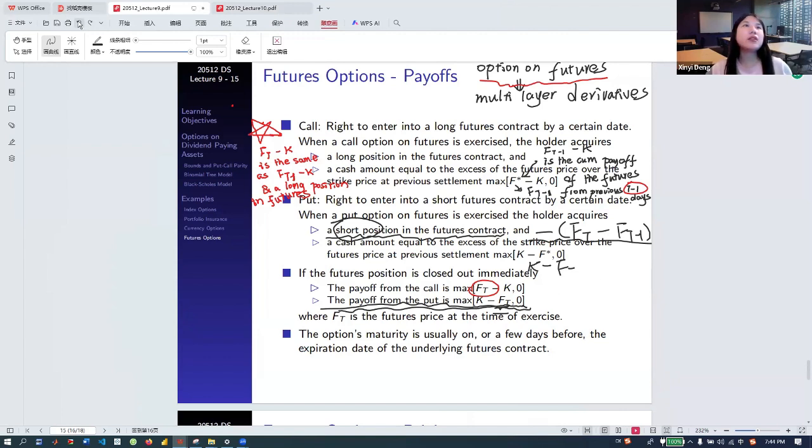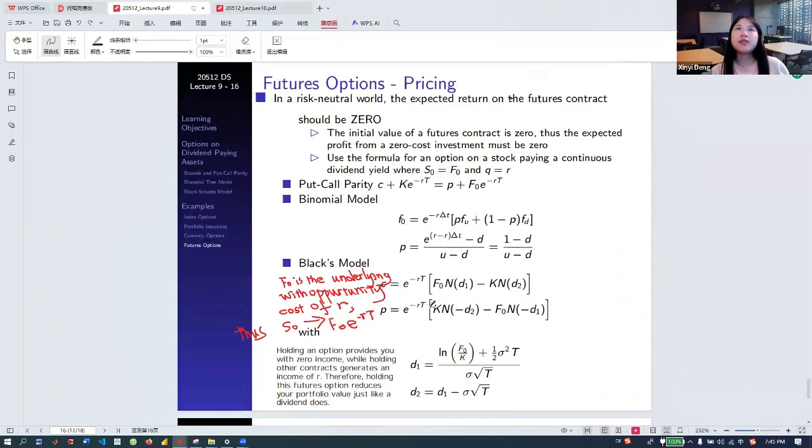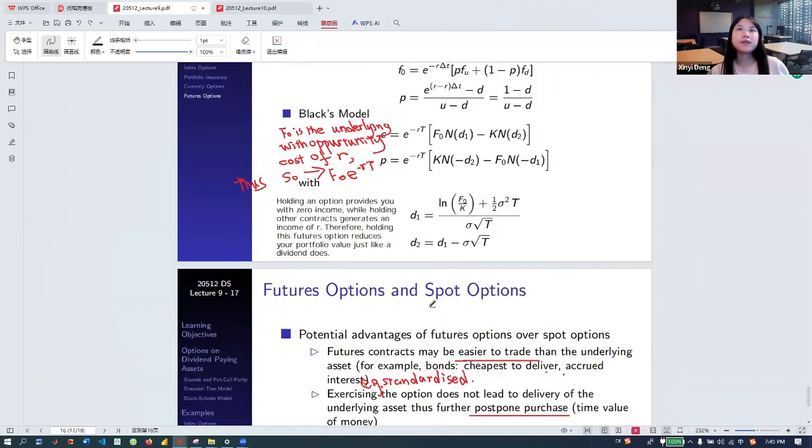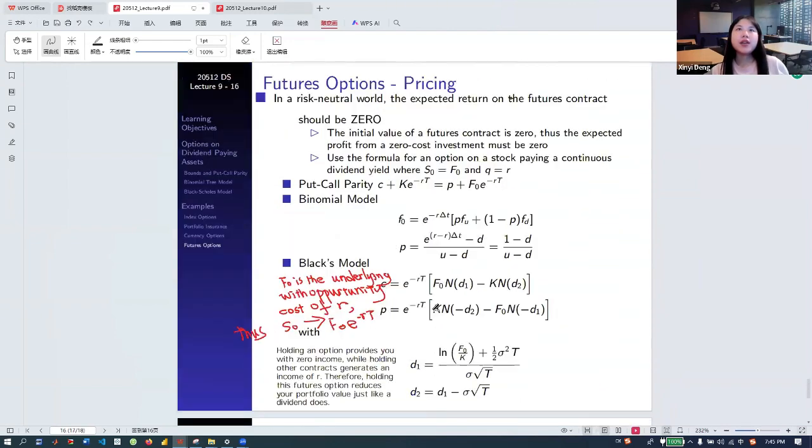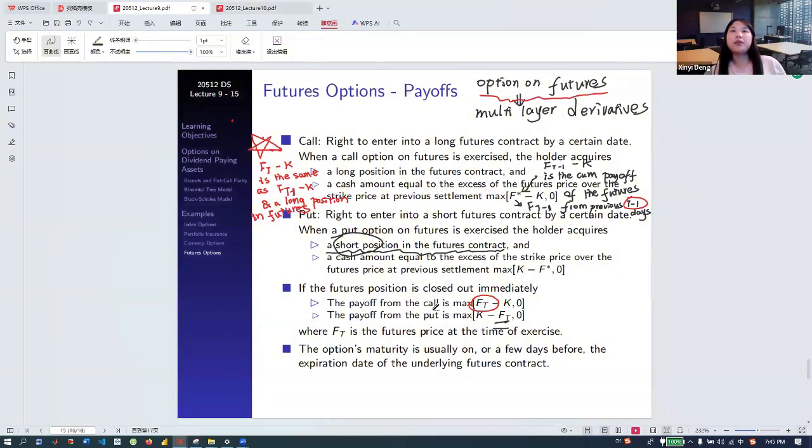Now let's go to the next page. Here it's showing the pricing of the futures options via the Black-Scholes model.